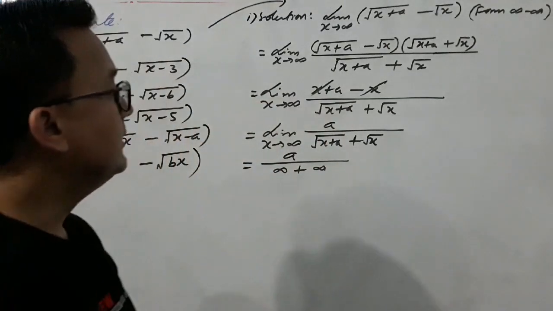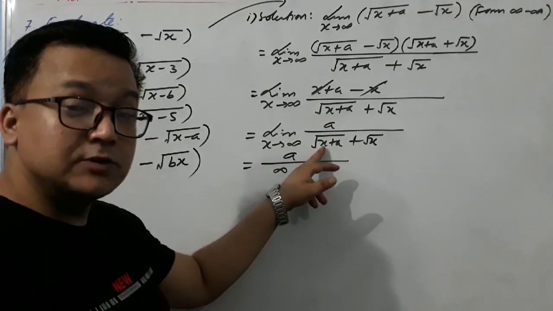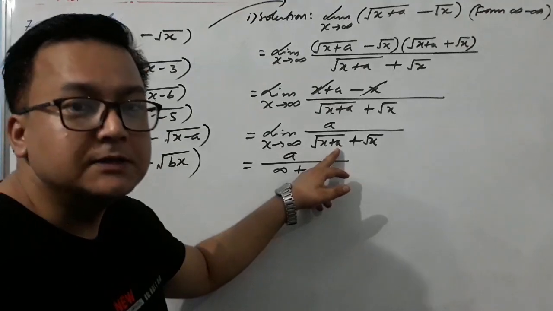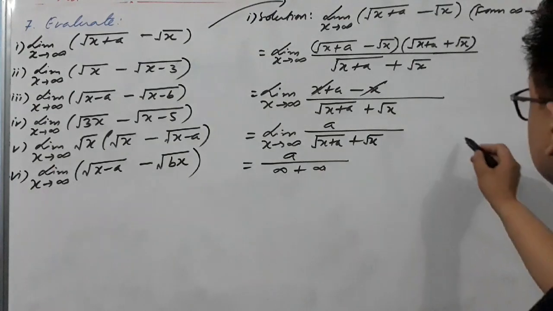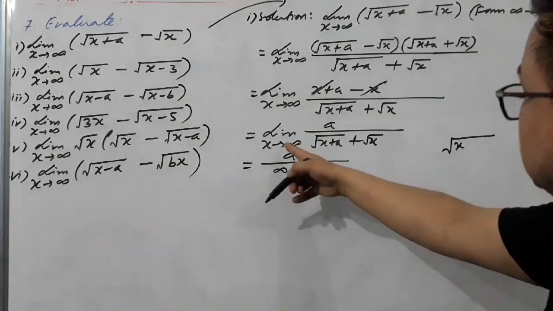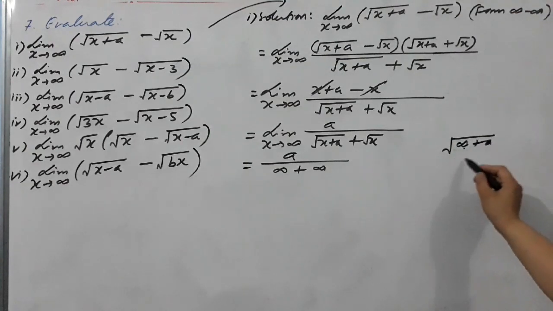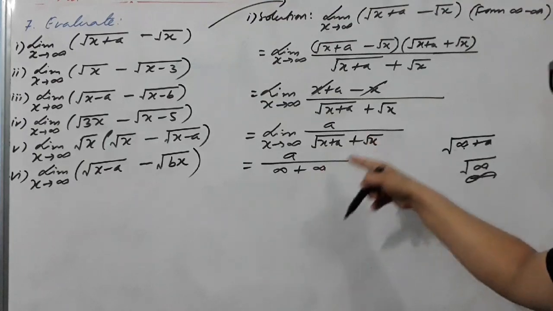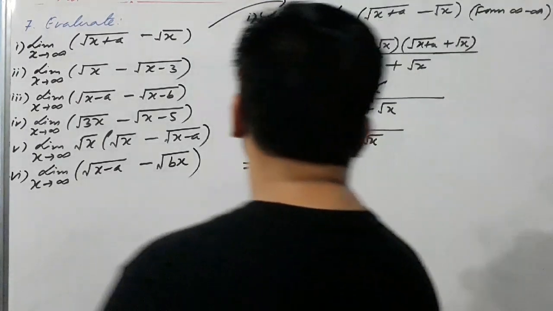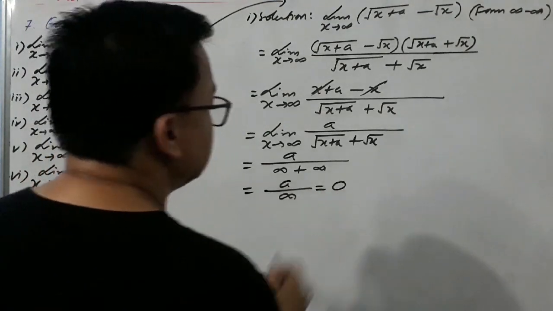Listen to me here: infinity plus a is also infinity, and the square root of infinity is also infinity. That's why I've written directly infinity here, infinity here, and infinity plus infinity is also infinity. So a upon infinity is equal to 0.